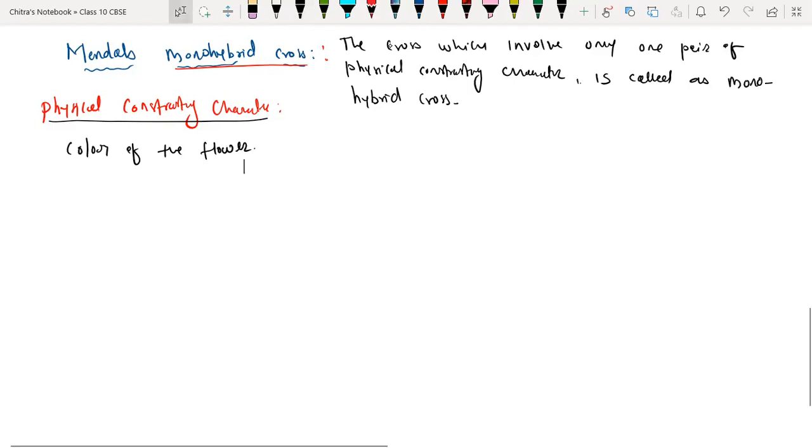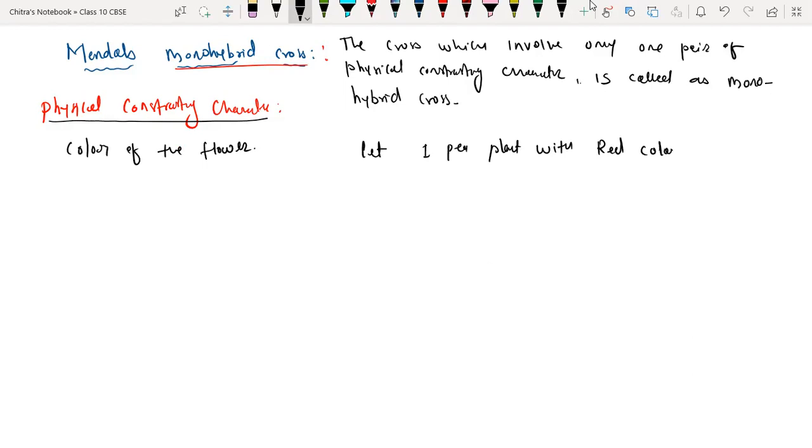So again, I'm taking one pea plant with red color of flower, which is dominant. For dominance we always use a capital letter.